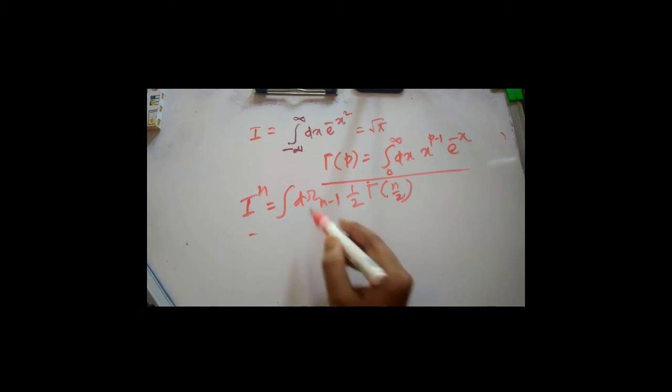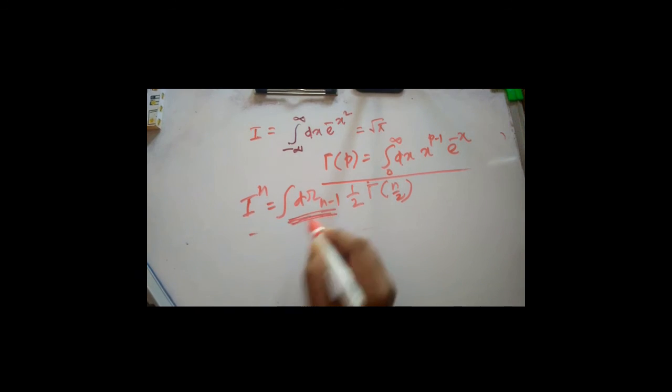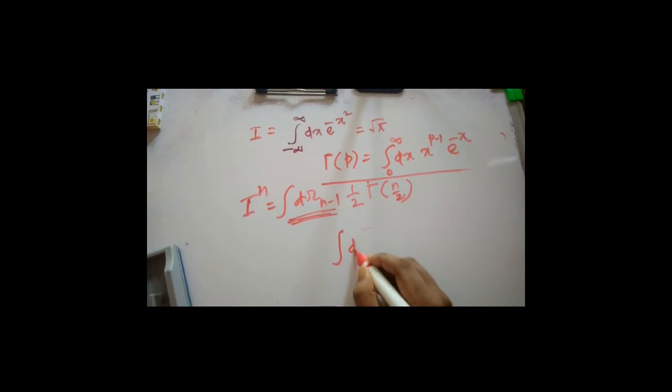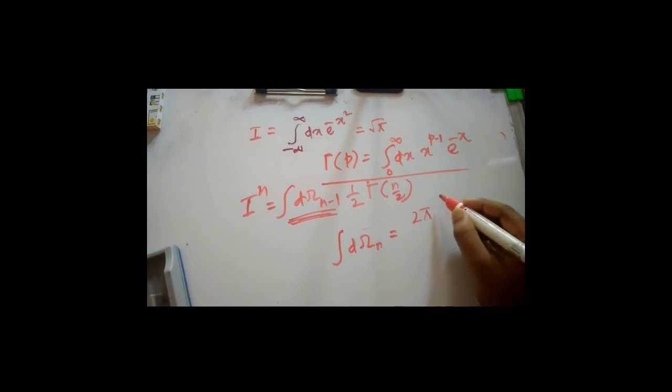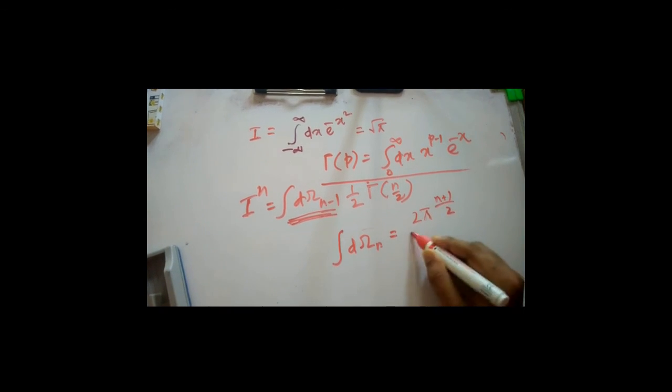So this volume integral, if there is such an angle d omega n, then it is given by 2 pi to the power n plus 1 by 2 by gamma n plus 1 by 2.